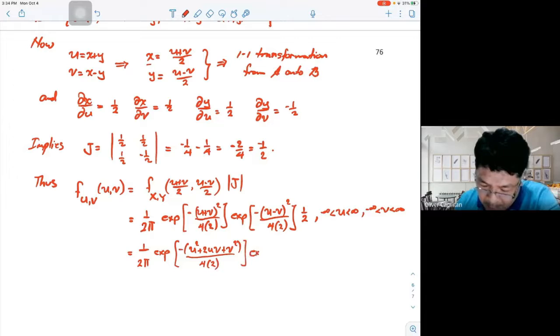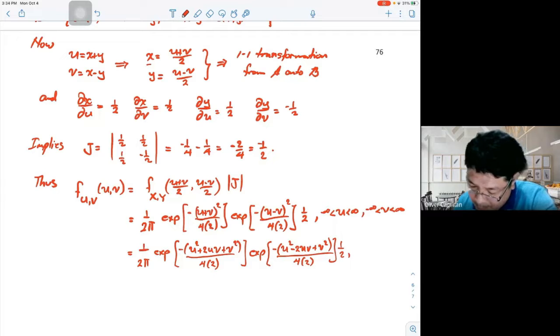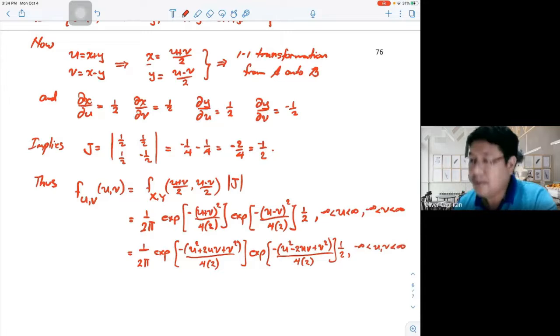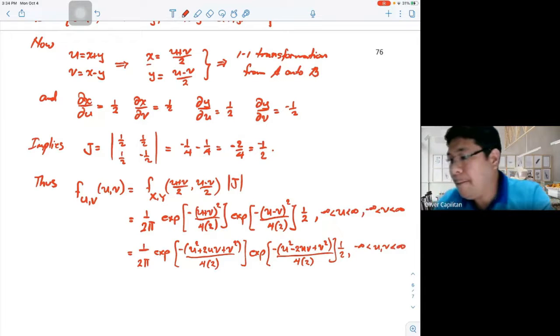Then the exponential of negative (u square minus 2uv plus v square) over 4 times 2, times 1 half, for u, v between negative infinity and infinity.